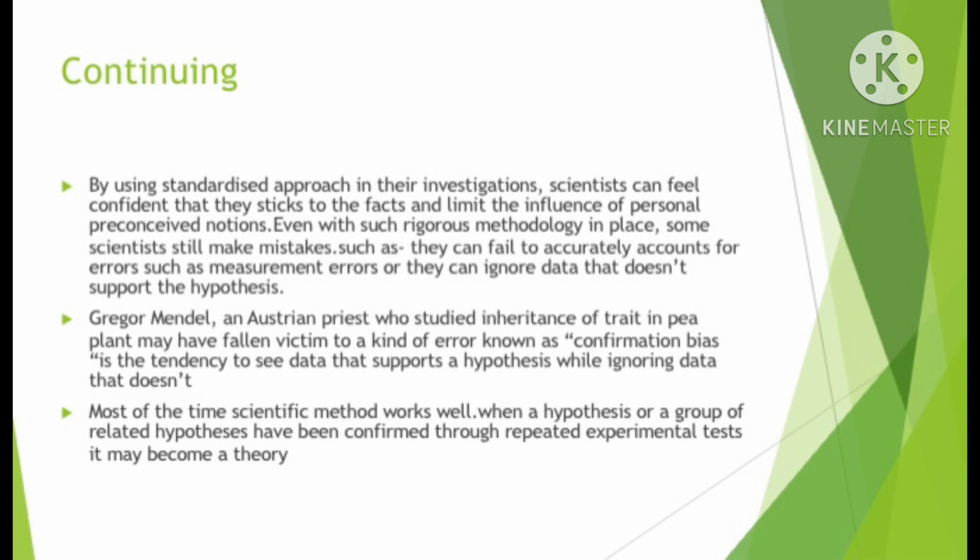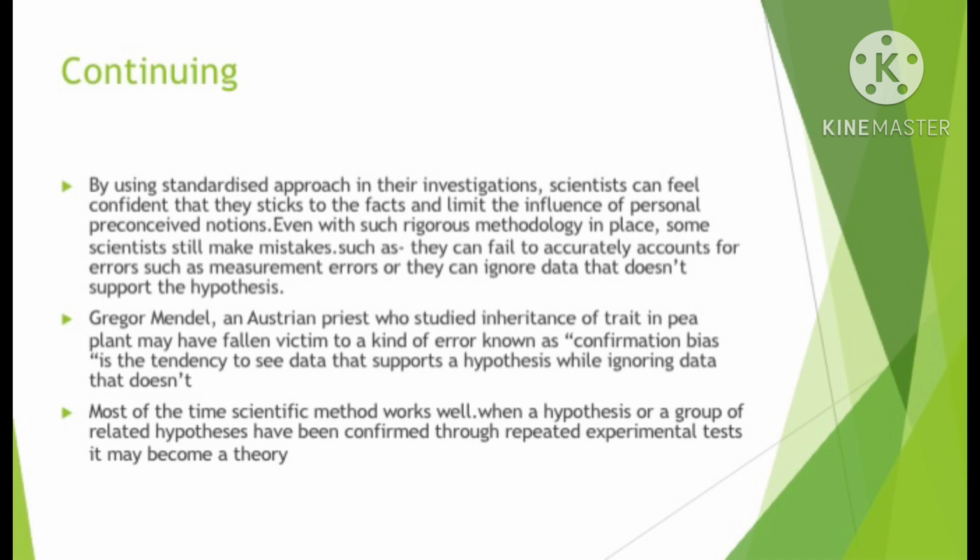A famous scientist, Gregor Mendel, an Austrian priest, conducted experiments on pea plants on inheritance of various characteristics. There also he showed a bias called confirmation bias. Here he collected all the data that supported his hypothesis and discarded all the data that did not. Most of the time this scientific method works really well.